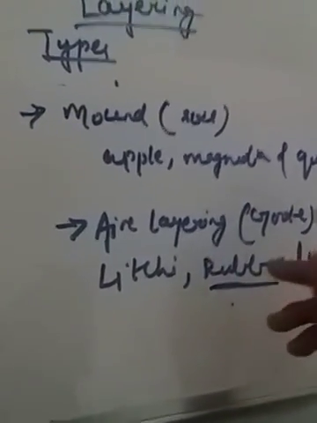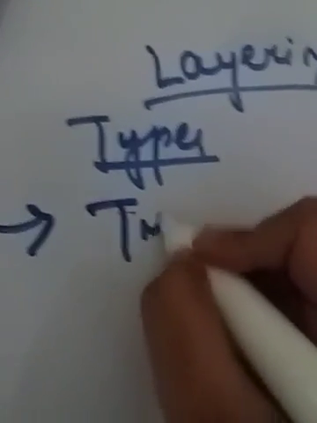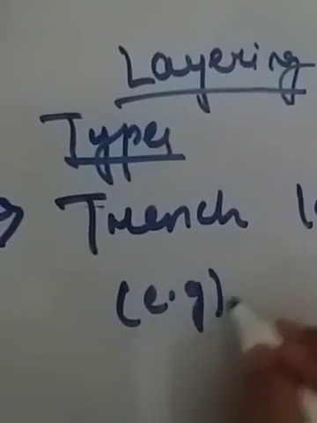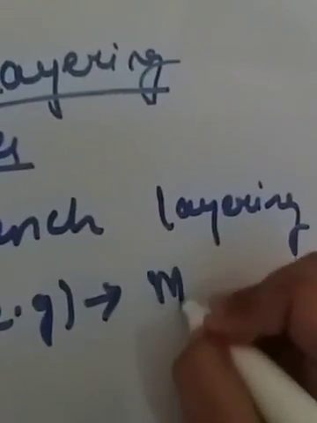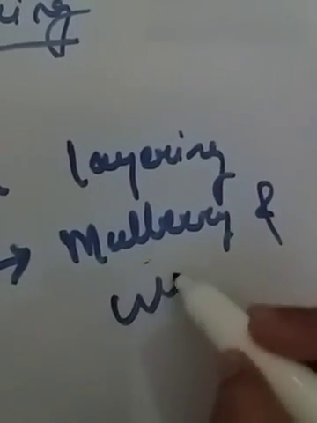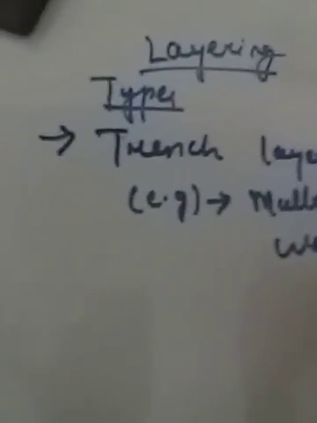It is important, so I said that. And the last type is trench layering. The examples here are mulberry and walnut. So this was trench layering.